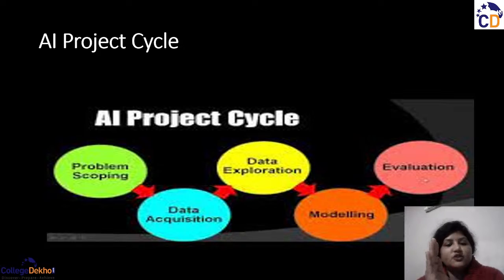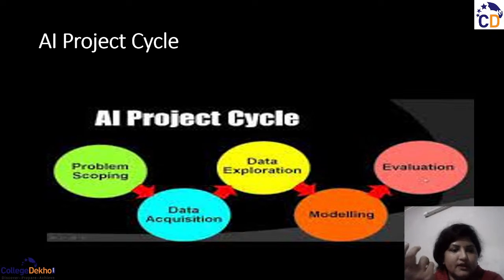In data acquisition, the most important thing is that we can collect the data through online or offline sources. Online sources, like certain government websites through which you can download open source data sets. You need not purchase those data sets, right?